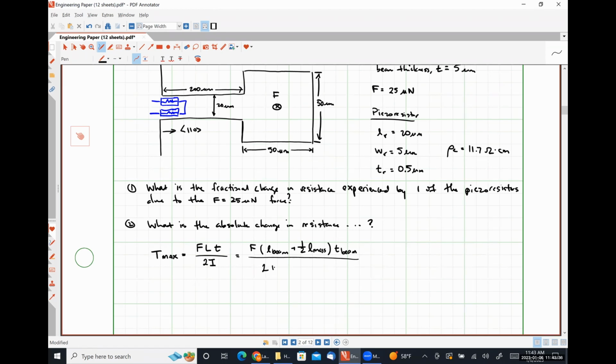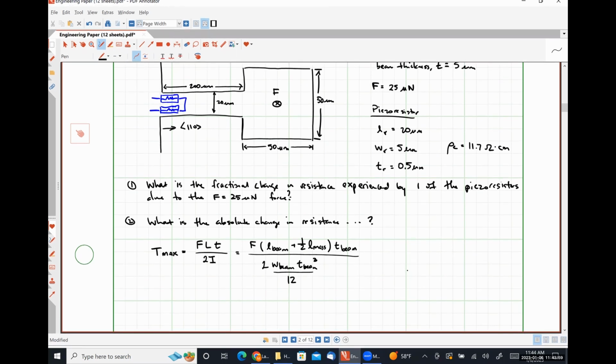So we're going to have the width of the beam times the thickness of the beam quantity cubed, and that by itself is divided by a factor of 12. Sorry, I almost missed that.